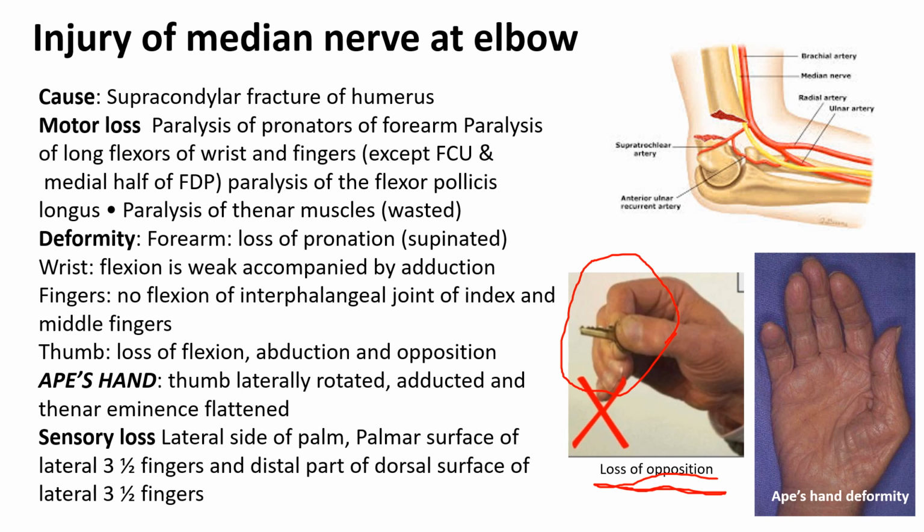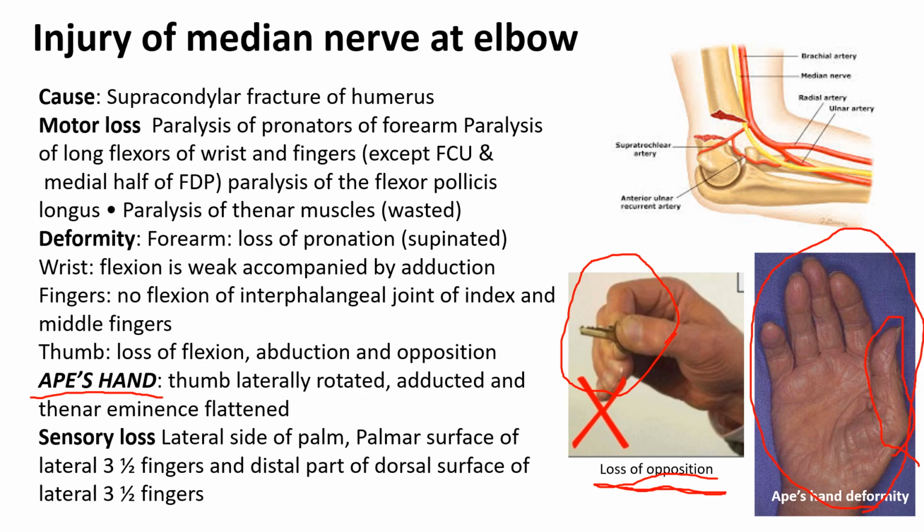in which we can hold objects by what's called the pincer position of the hand, that we hold objects between the thumb and other fingers. The resulting deformity is called ape's hand, ape's قرد. And that's why, because the hand deformity looks like an ape's hand, in which there's a laterally rotated thumb at adducted position.